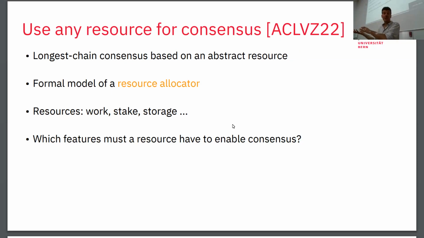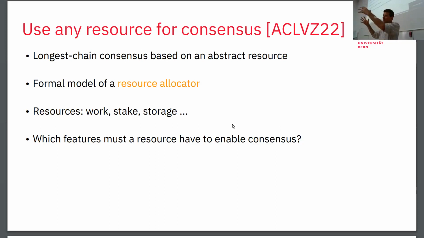Also, proof of work is like this, right? And so we ask the question, can we have an abstract model of what the resource is that gives us the power to vote in a longest chain protocol? And the answer is maybe, well, yes and no. In a work that was also from last year, we identified 3 types of so-called resource allocators.